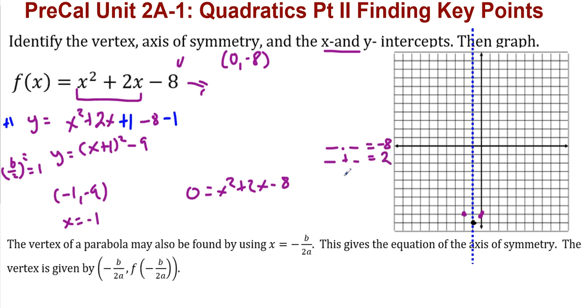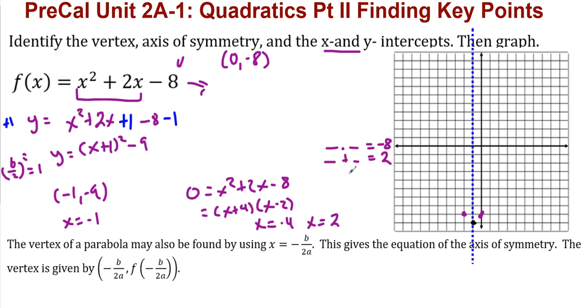You're going to get 4 and negative 2. With a leading coefficient of 1, your answer is simply x plus 4 times x minus 2, where x is equal to negative 4 and x is equal to a positive 2.